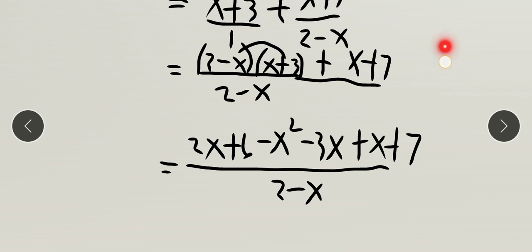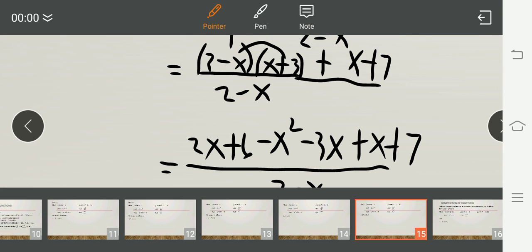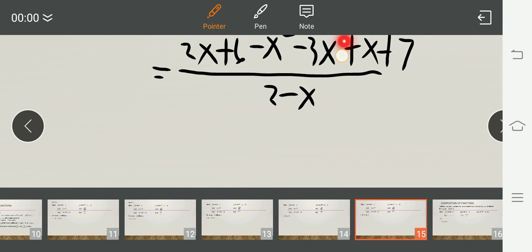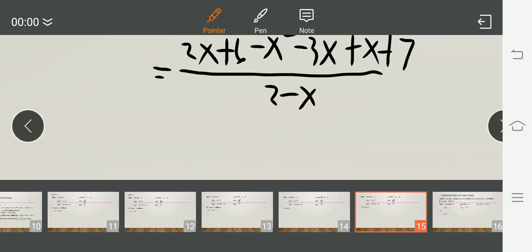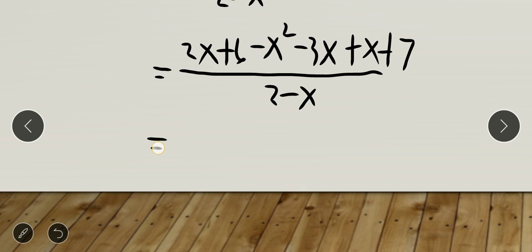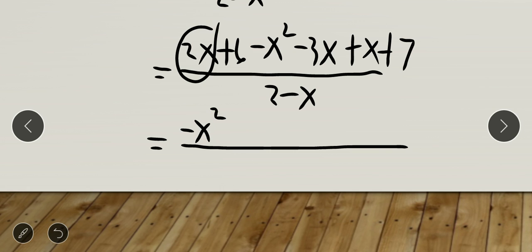And then we have to combine similar terms. So we have to copy first negative x squared because it doesn't have a similar term. And then 2x, negative 3x, and x can actually be combined.